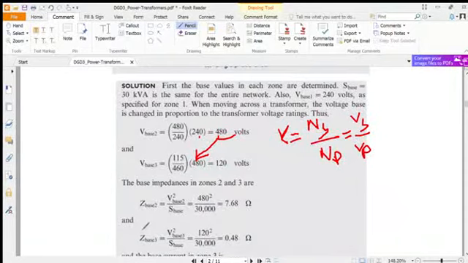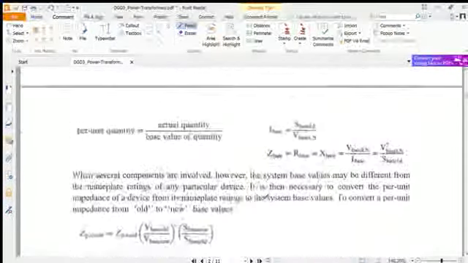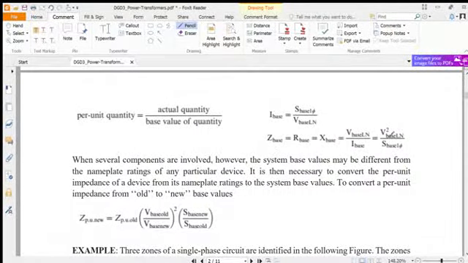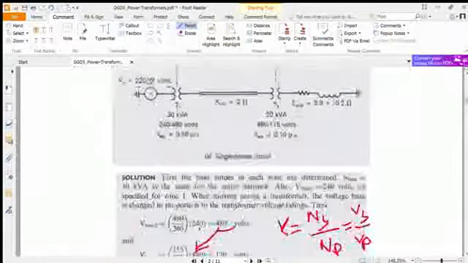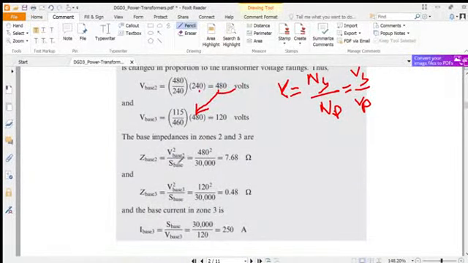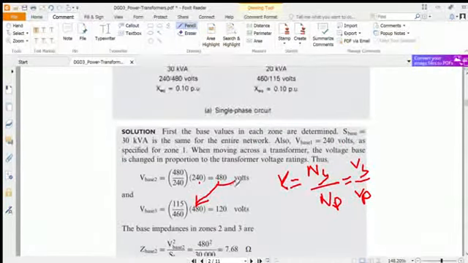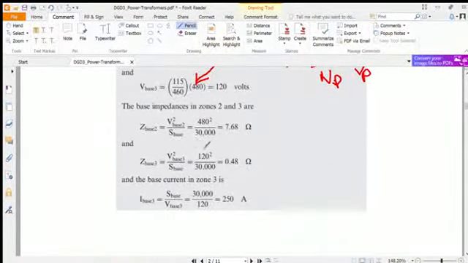So in zone 2, according to the formula, the base impedance is defined as voltage squared divided by the base kVA rating, or volt ampere rating. So in zone 2 it's 480 squared over the base, and over the whole circuit the base volt ampere is always the same, 30 kVA.